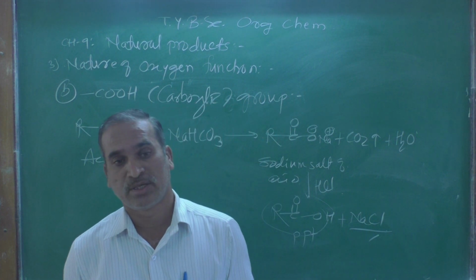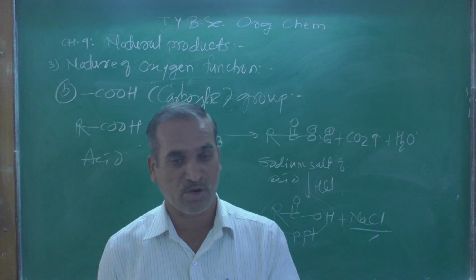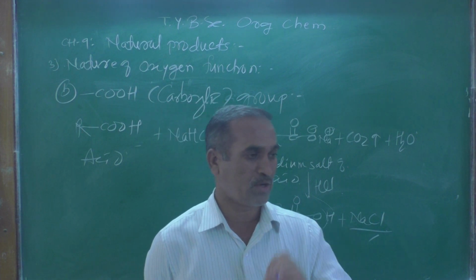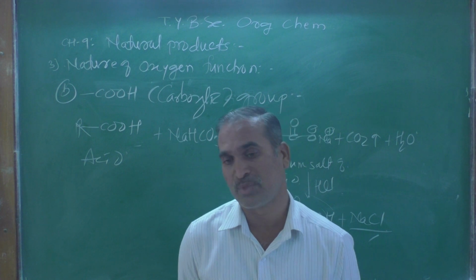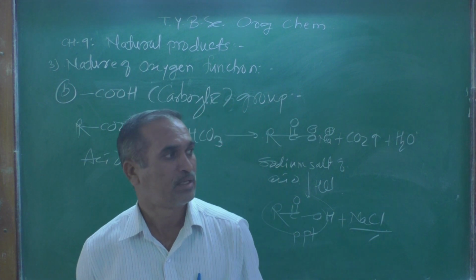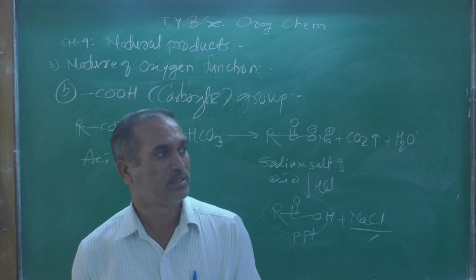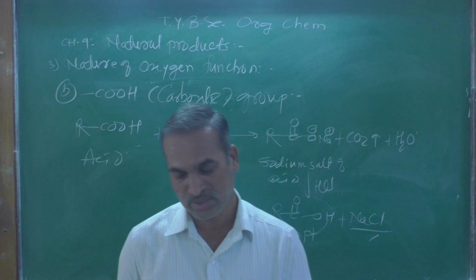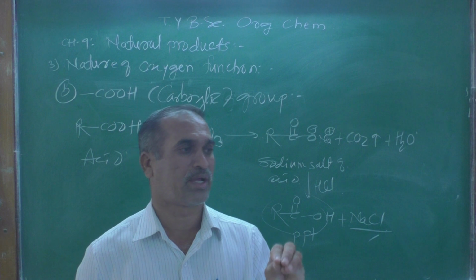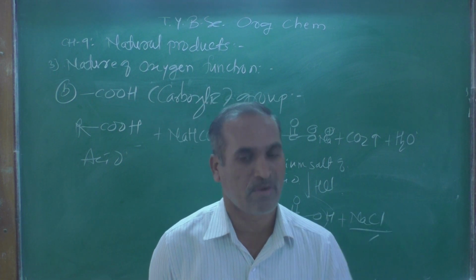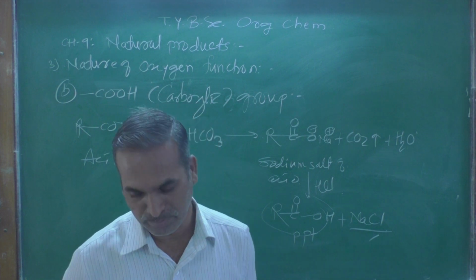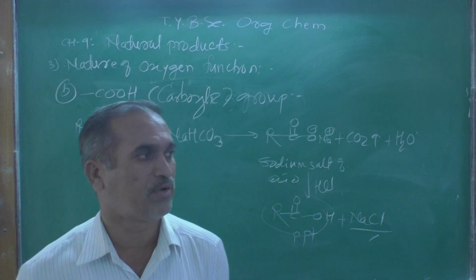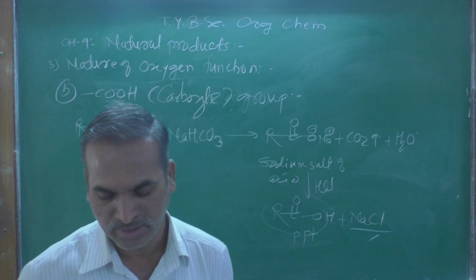To find out the number of carboxylic groups present, you have to treat it again with standard alkali, and from that we can get the exact number of carboxylic groups present in that compound. So that is the general way of detecting the carboxylic group in an unknown.